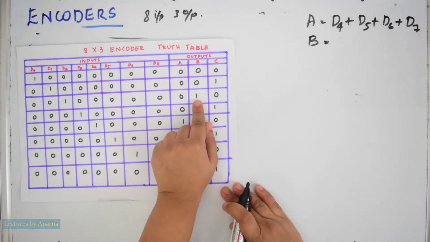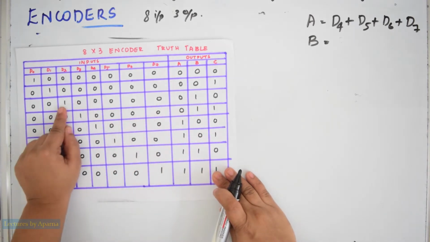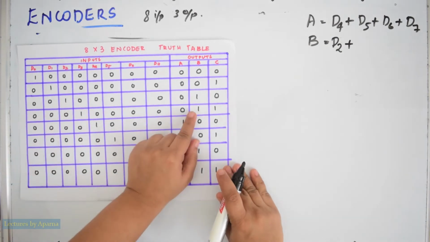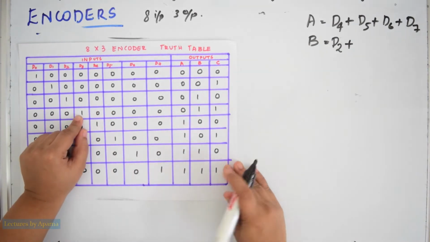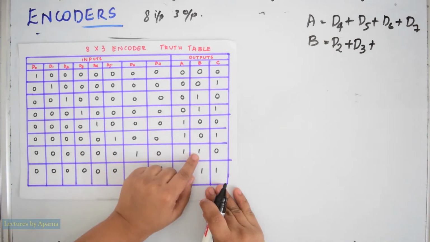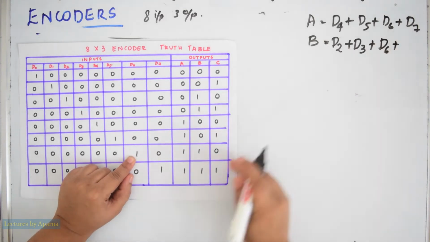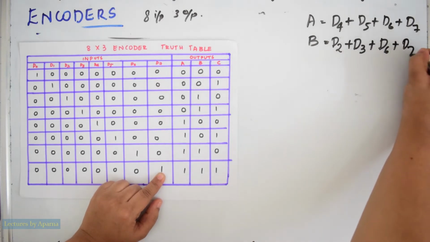And in which cases does B become high? What is the corresponding input? D2 plus. Next, it becomes high when the input is D3 plus. Next it becomes high when the input is D6 plus, and next when D7 is high.